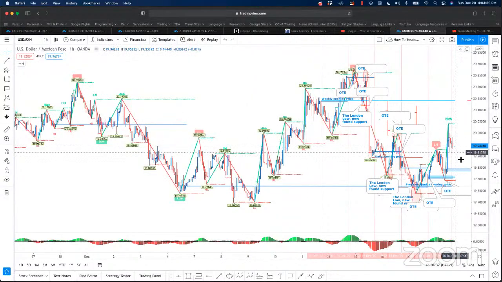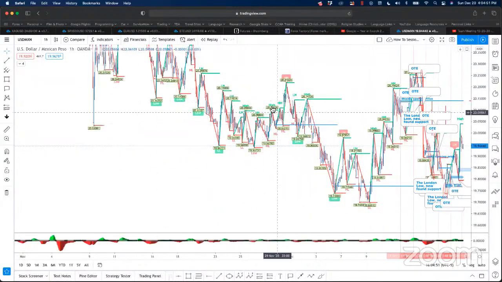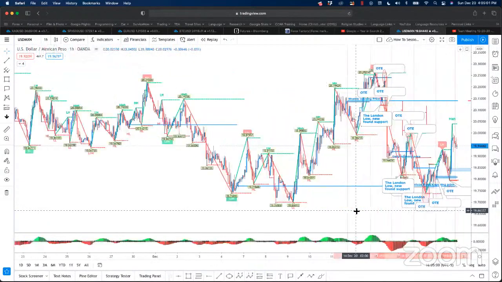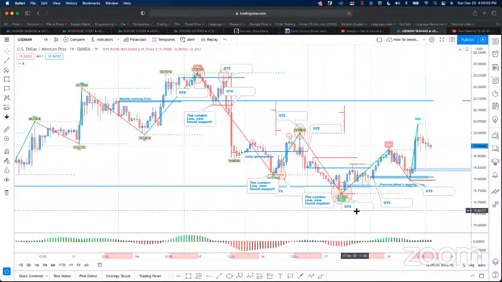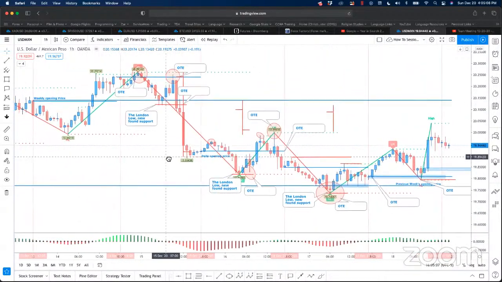This is the third week of the month. The second week, we were down. The first week, we were up. We pushed down, then we pushed up, and then we pushed back down. So if we look at this from a monthly perspective, we can see the same exact thing and take this same approach.